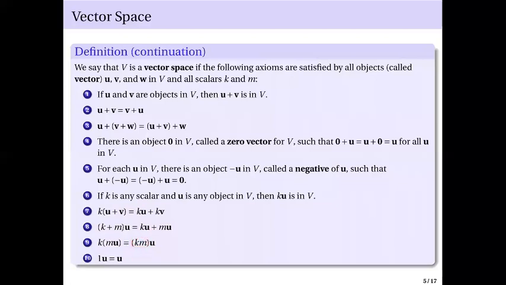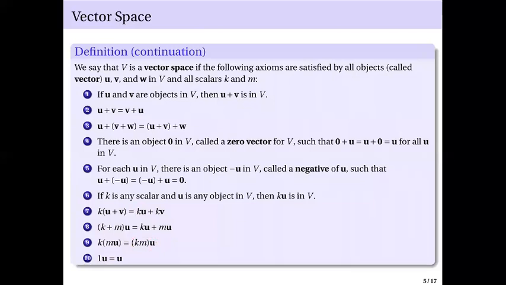You will get another scalar, that's your Km. You multiply it to the vector U, and again, this guy here is an object in V.